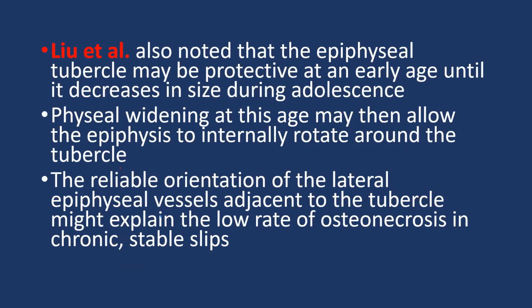Physeal widening at this age may then allow the epiphysis to internally rotate around the tubercle. The reliable orientation of the lateral epiphyseal vessel adjacent to the tubercle might explain the low rate of osteonecrosis in chronic stable slips.